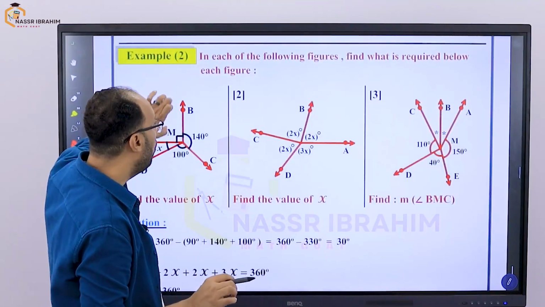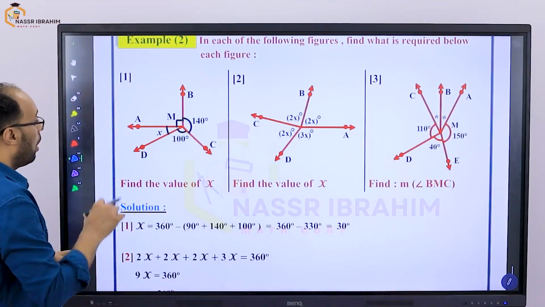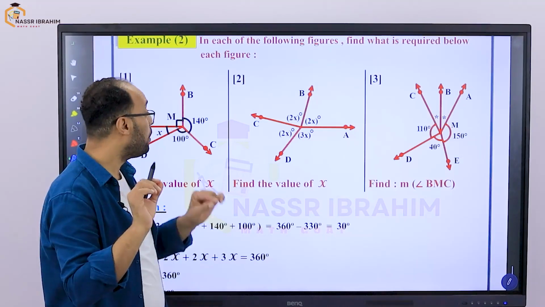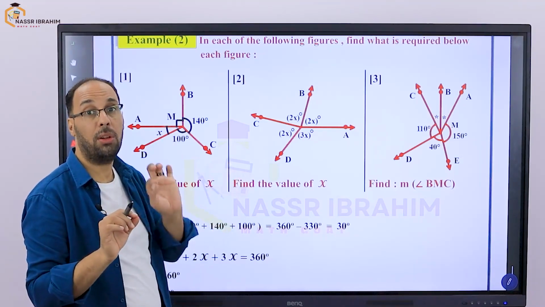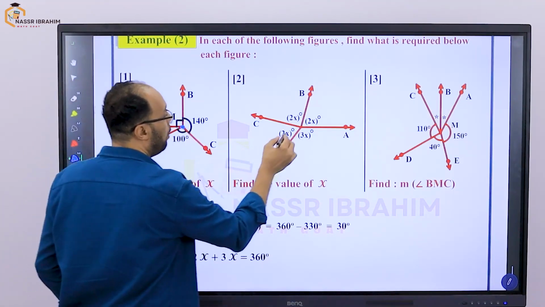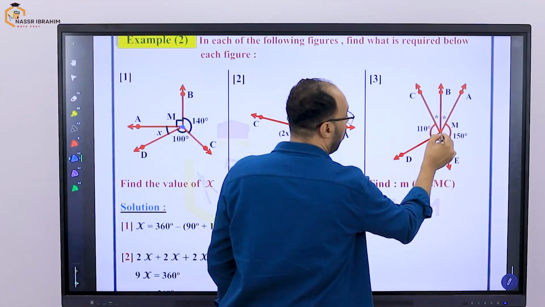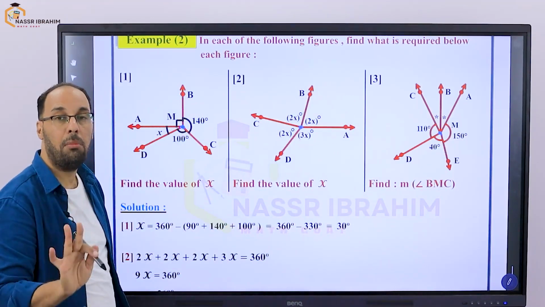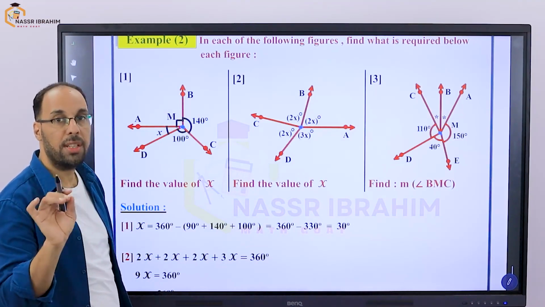Here we have examples for this one. First thing you have to focus on is the point they meet on. Here they meet on this point, here on this one, and here on this one. In the three cases, we have the same sum of the angles, which is 360.